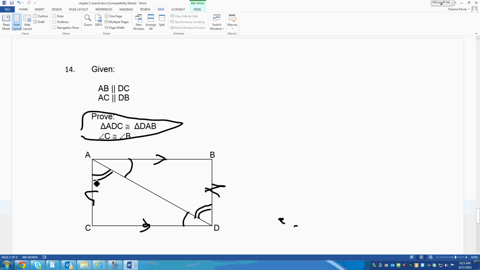So then you could go angle, side, angle in your proof. You're going to have to do a proof, whether it be a full proof like this, or I have some of it pieced together and you just have to finish it like your bell work. There's going to be some sort of 2-column proof in here, okay?